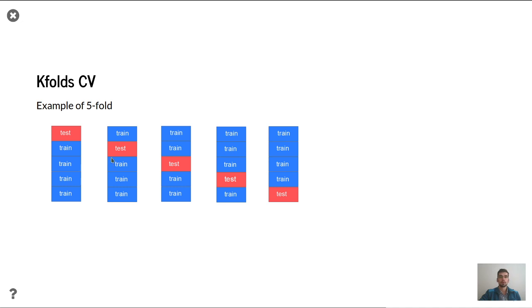And there are some interesting concepts behind this splitting. For example, in some cases you need to do a random split, so not to select these consecutive blocks of data, but sometimes you need to shuffle your data before. For example, imagine that you have a specific order of data points in your data set, and in this case you need to shuffle your data before.